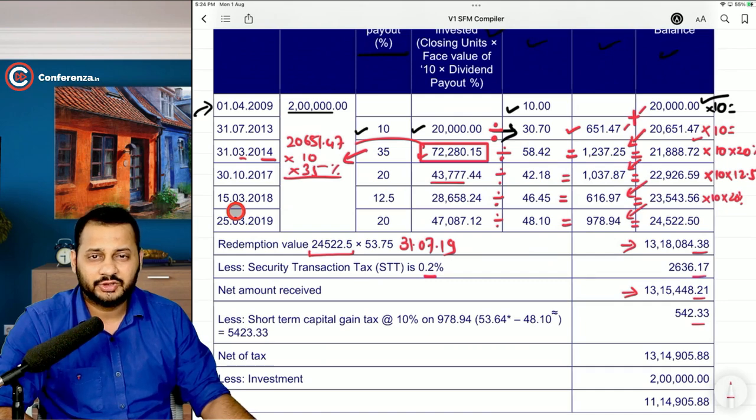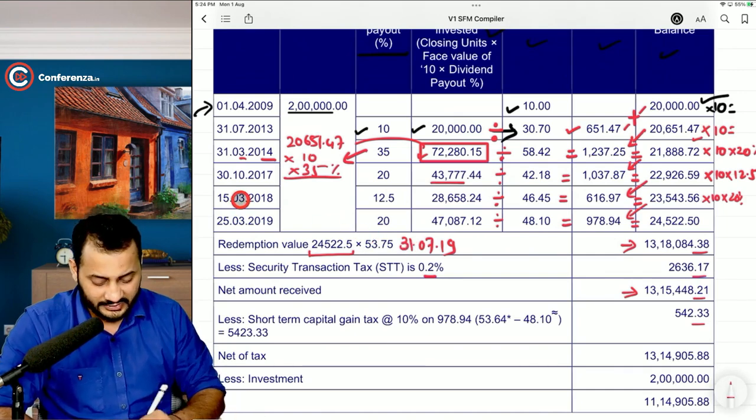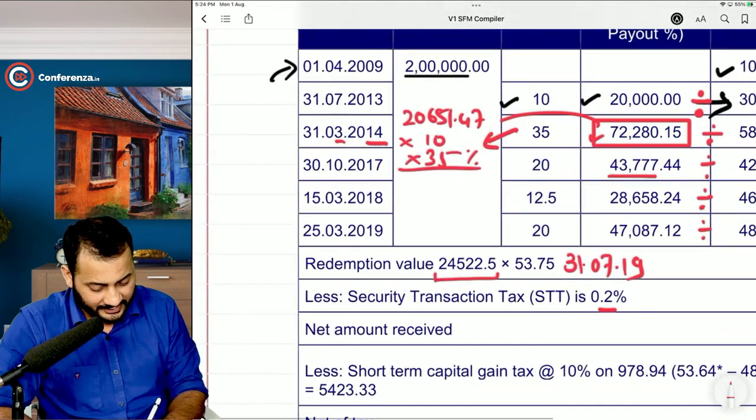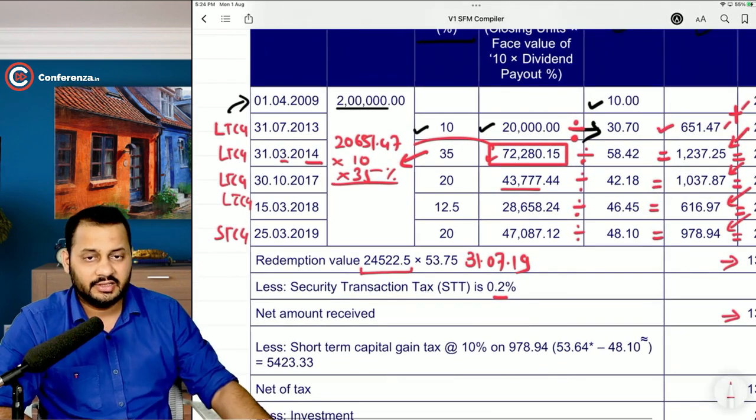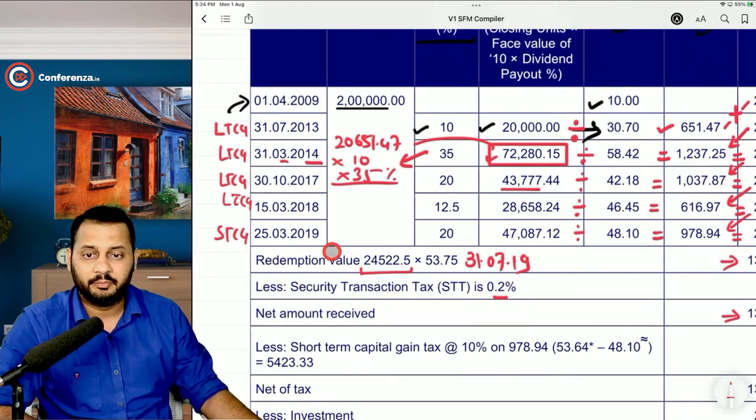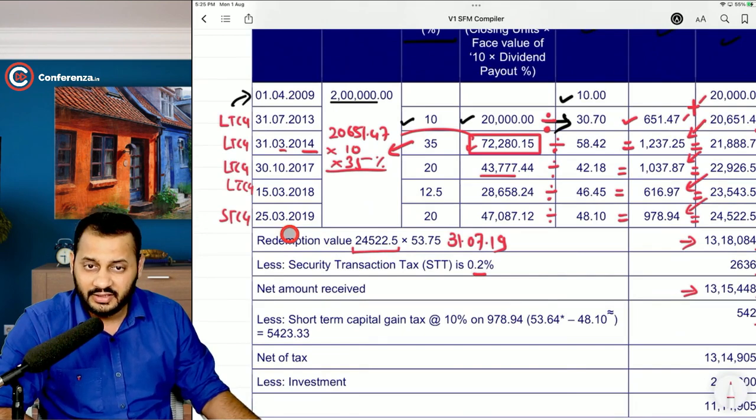So 15th March 2018 to 31st July 2019 is around 16 months. So that will be considered long-term capital gain, and all these will be covered under exemption. Long-term capital gain, long-term capital gain, long-term capital gain, and this is going to be short-term capital gain. So basically we are going to pay the short-term capital gain tax on the profit of 978.94 units.